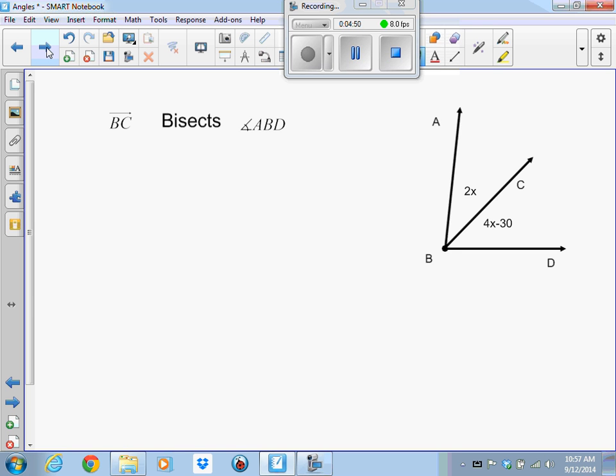We have here that BC is bisecting ABD. What that means is that these two angles are congruent. So we can say the measure of angle ABC is congruent to the measure of angle CBD, because it's a bisector, and then we plug it in.